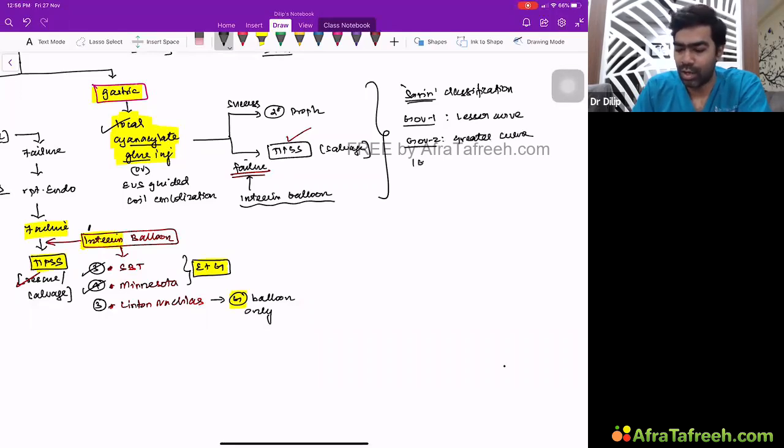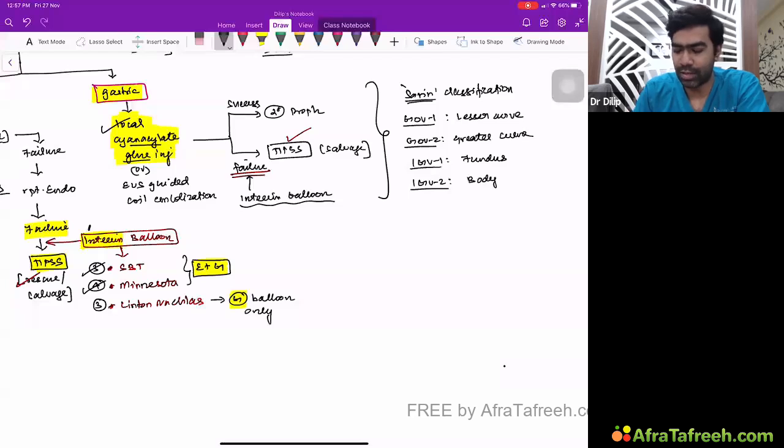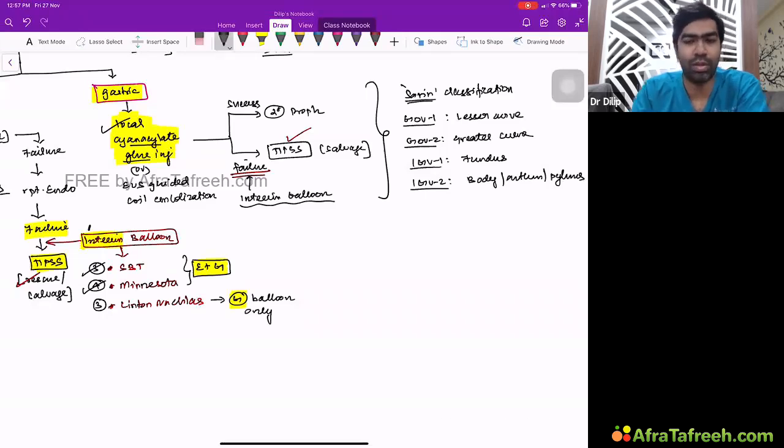Then you have IGV1, intragastric varices 1, where the varices are located in the fundus of the stomach. And you have IGV2, intragastric varices 2, where you have an intragastric varix in the body, antrum or pylorus, apart from the fundus. This is Sarin's classification. Based on that, you can propose a lot of treatment strategies.